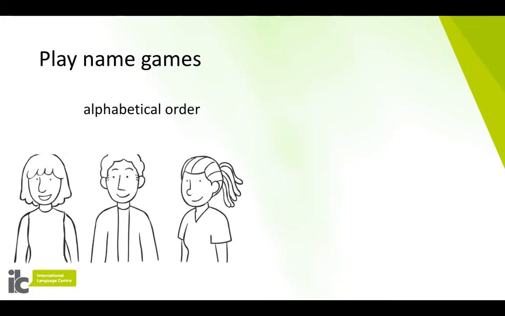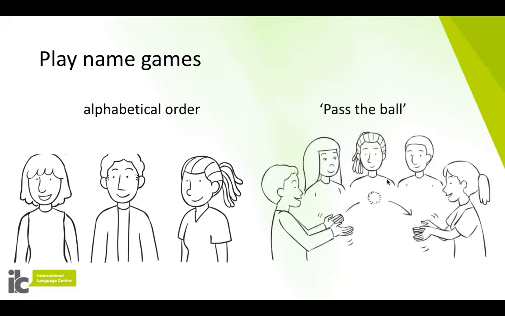Then you can also play name games with them. One thing you can do is ask them to stand in alphabetical order of their names, and when they've done that, they just say their name and you repeat after them. Or you can play a game which is pass the ball.